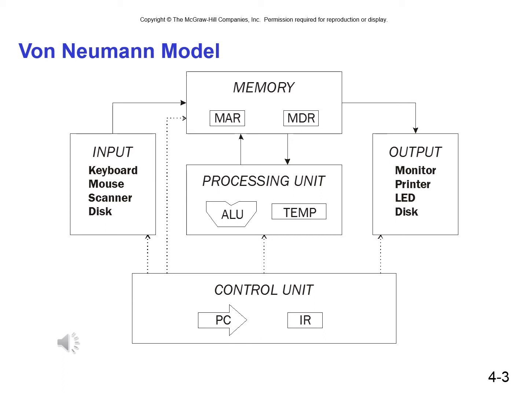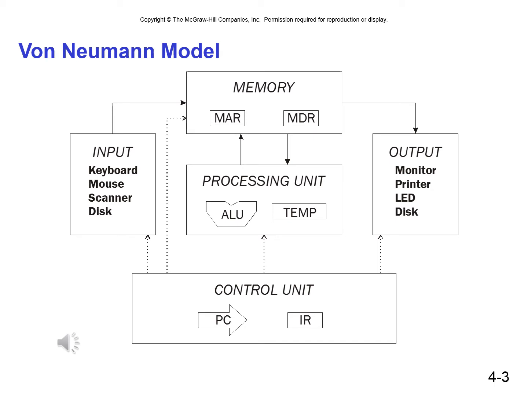Within the processing unit, the processor, we have the arithmetic logic unit, and then we have temporary volatile memory. You're going to see that involves registers. And the registers are the exact size of the architecture.